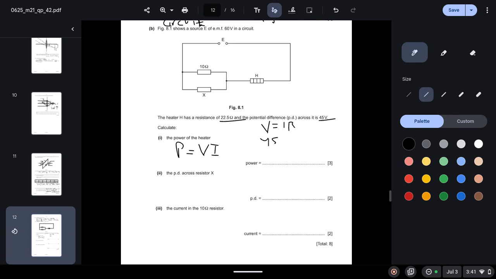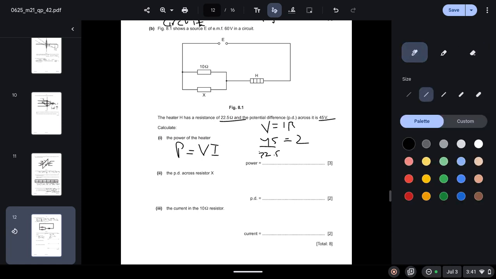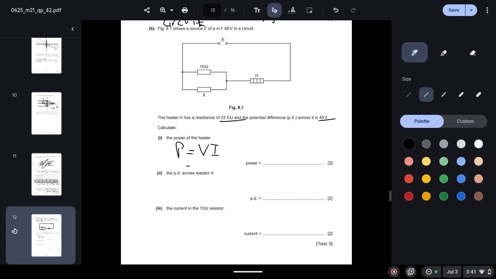V is 45, resistance is 22.5, so current would be 2. I is 2. So 45 times 2 would give you 90 watts.